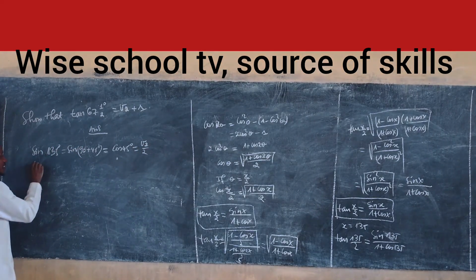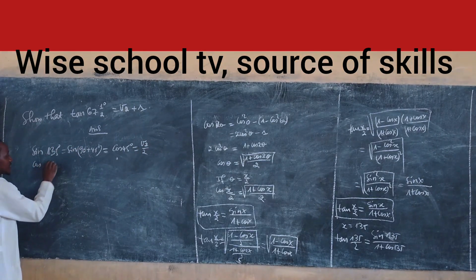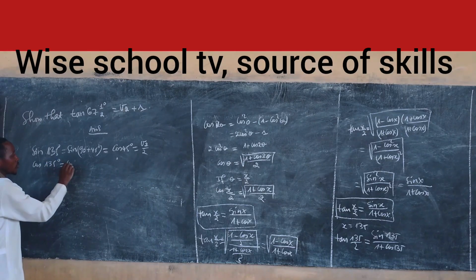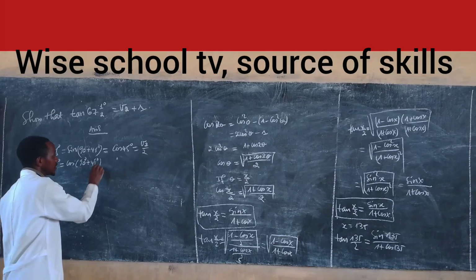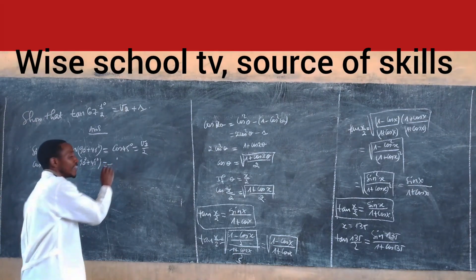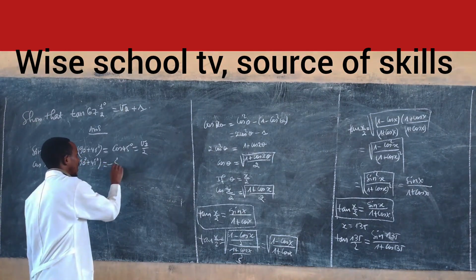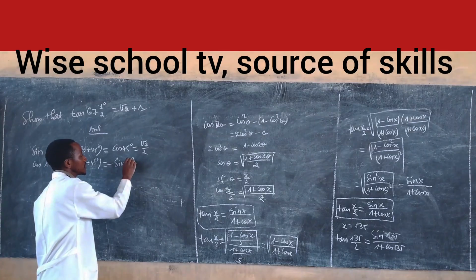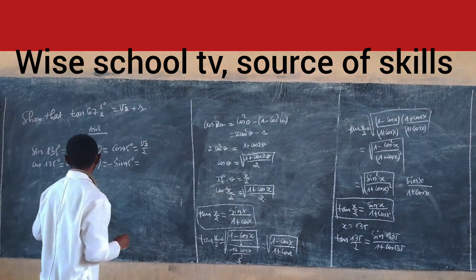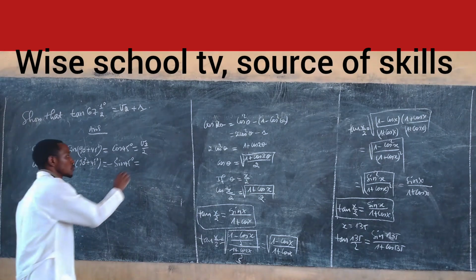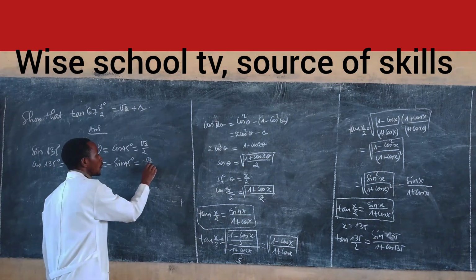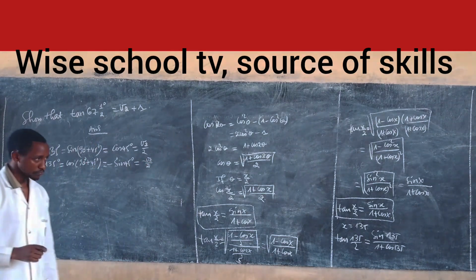Also, cosine of 135 degrees is equal to cosine of 90 degrees plus 45 degrees. This is the same as minus sine of 45 degrees. This is the second quadrant, so it is necessary to use negative. This is minus square root of 2 over 2.